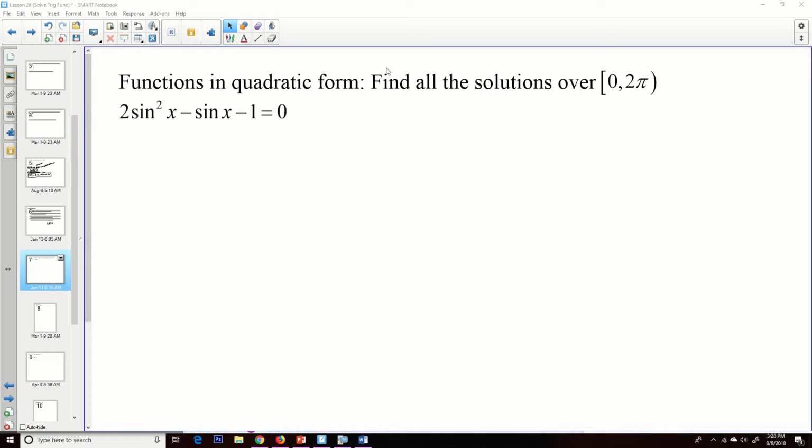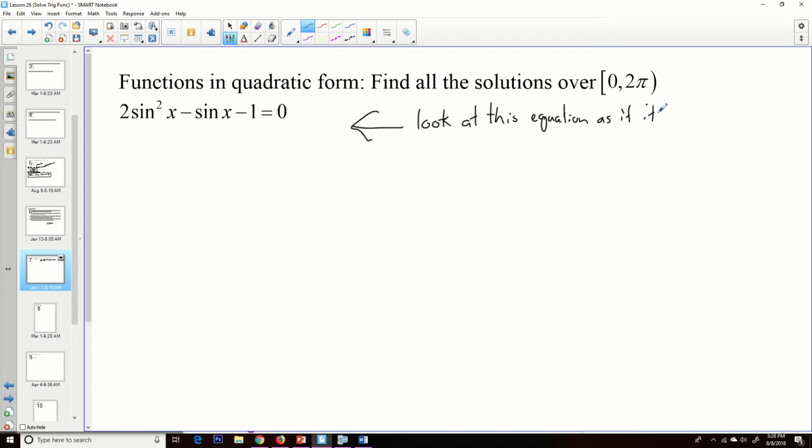So the first thing we want to do is look at this equation as if it were 2x squared minus x minus 1 equal to 0, and factor that.